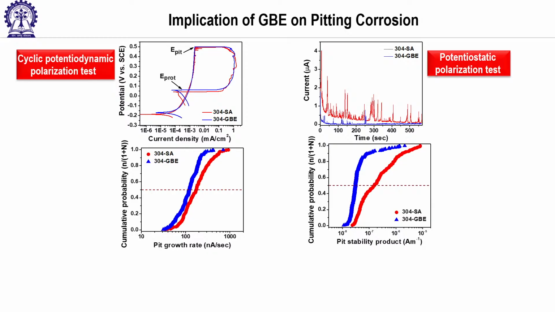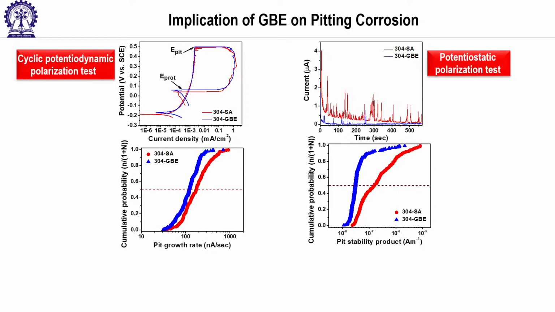One is E pit, the potential where your pitting starts, and E protection, below which pits will not form at all. In between E pit and E protection, new pits will not form, but old pits which were already formed will still grow.